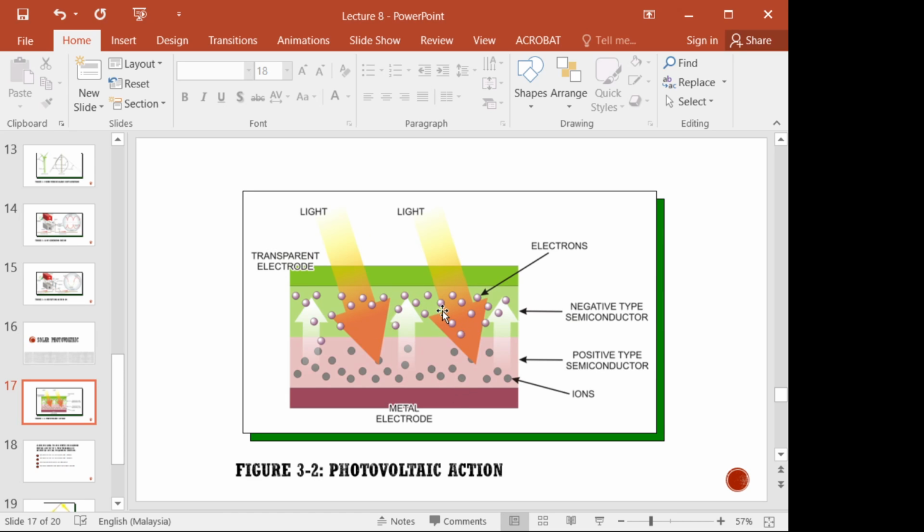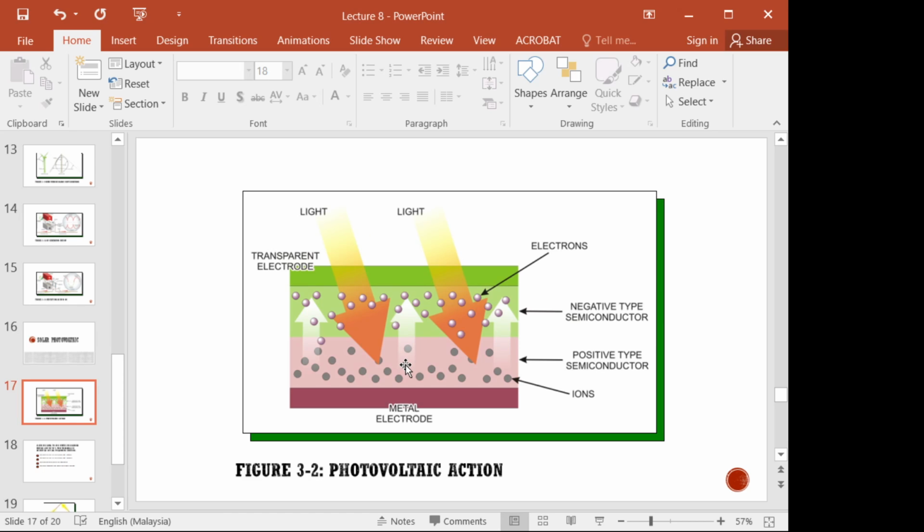We have negative type semiconductor and positive type semiconductor, and as the light is incident on the PV, the ions will be transferred from the positive type semiconductor to the negative type semiconductor, or known as photons.